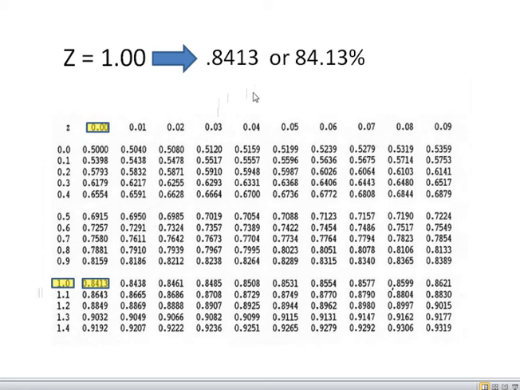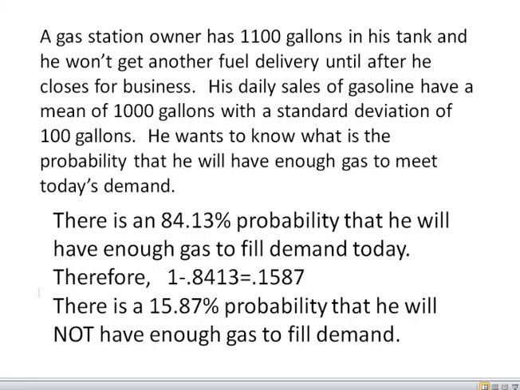But if you will recall, this z chart is now telling us the probability of selling less than 1,100 gallons is 84.13%. We want the probability that we're going to sell more than that. So if there's an 84.13% probability that he will have enough gas to fill demand today, then there's a 15.87% probability that he will not have enough gas to fill demand.